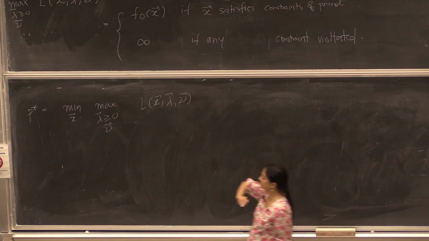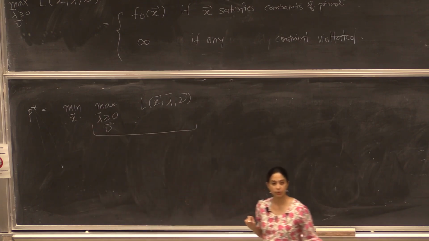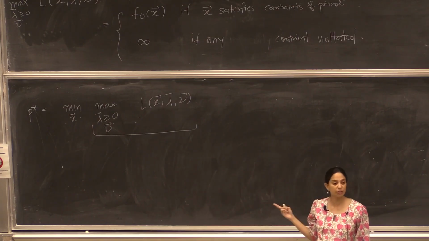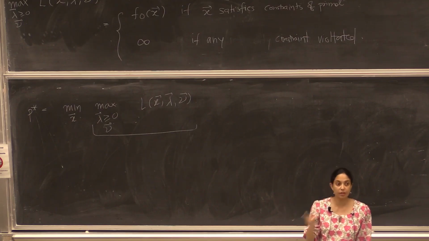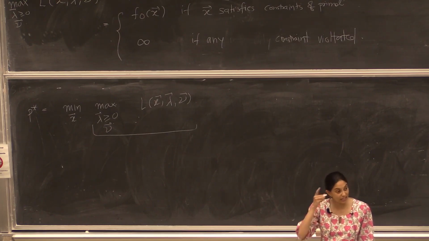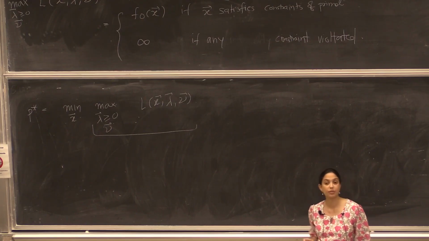What is this thing? This thing inside here, we just argued, is either equal to infinity or it's the primal given the constraints, right? If x is violating the constraints, it's going to infinity. If x is in the constraints, then it's exactly equal to my objective function f0.